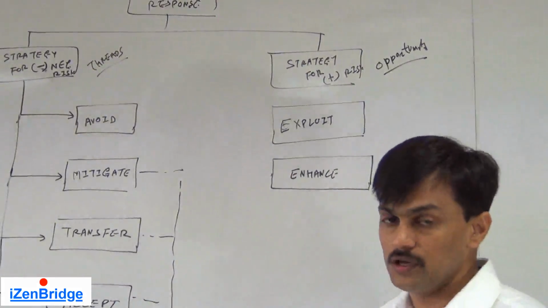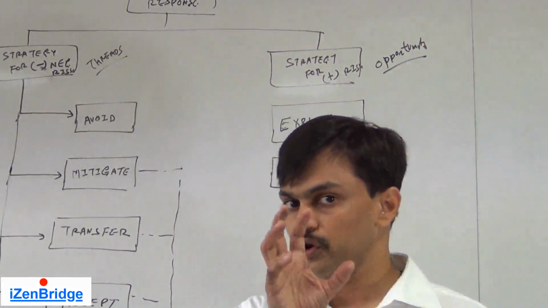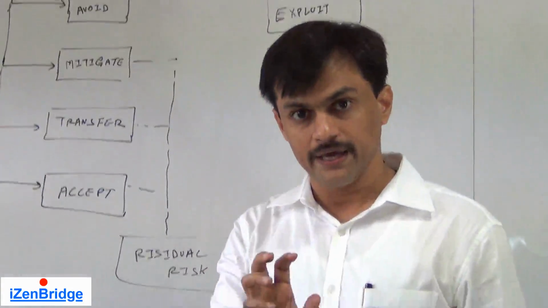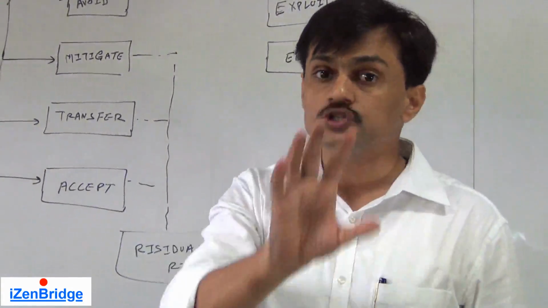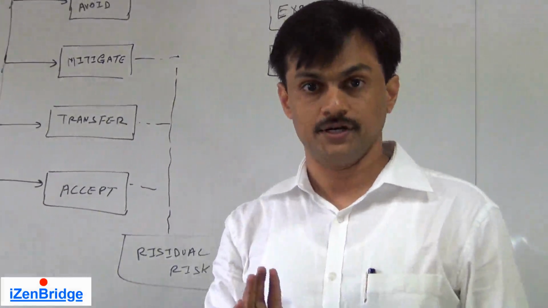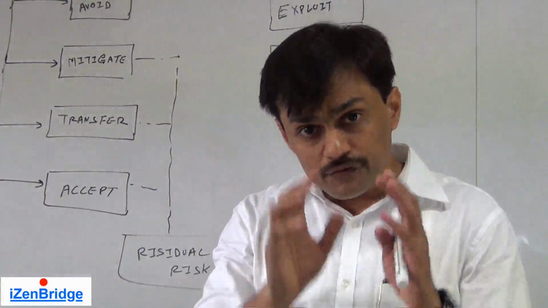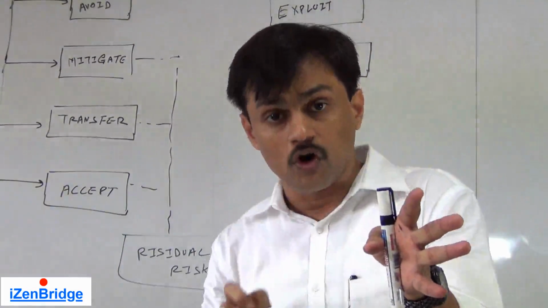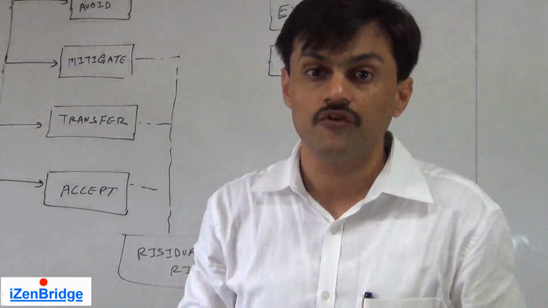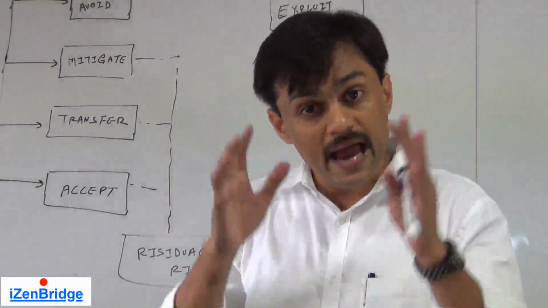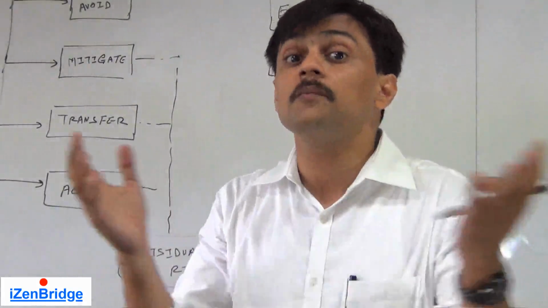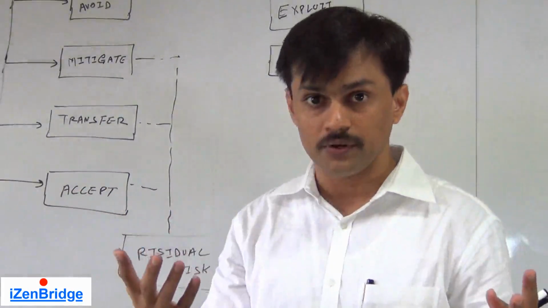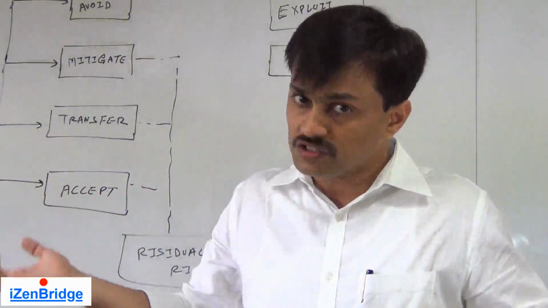Now, take an example. You are working on a particular component and you identify that some other team is also developing a similar component, and you think that if you take an output from that component, it can save a good amount of cost and time for your project. So this is an opportunity. If you can use that component, it can impact you positively.